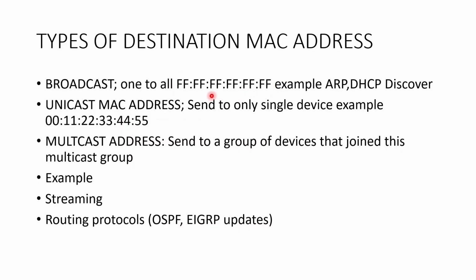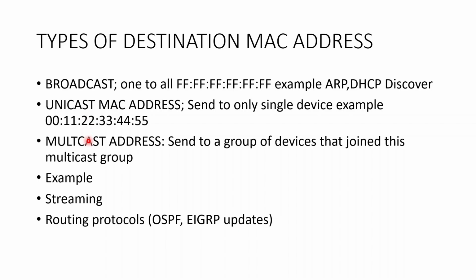So whenever you see the destination FF, this is the type of destination MAC address which is the broadcast MAC address. This is constant. Remember this for your exam. But you're not supposed to memorize this unicast MAC address because it is just used here for the lecture video. What you're supposed to know is that a unicast MAC address is an address which is sent only to a single host.